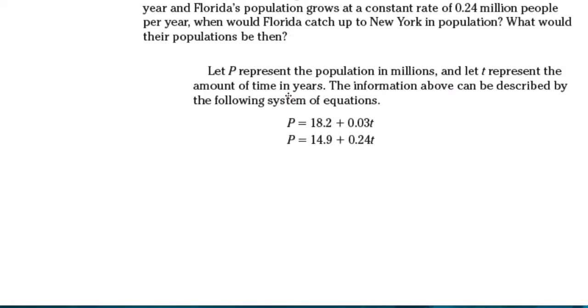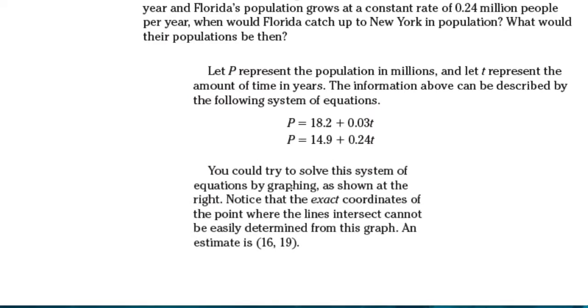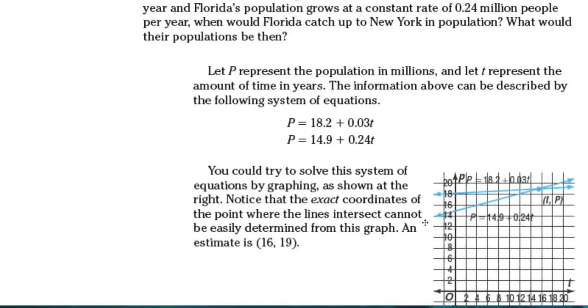So we have a system of equations, and you can try to solve it by graphing, as shown at the right. Remember that graphing is not an exact science. Notice that the exact coordinates of the point where the lines intersect cannot be easily determined from this graph.